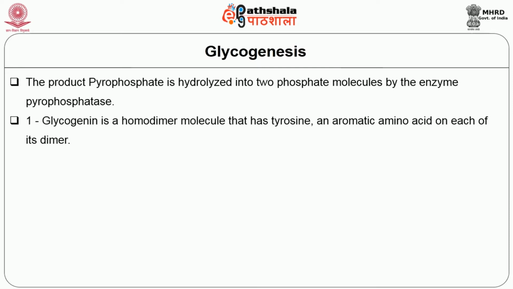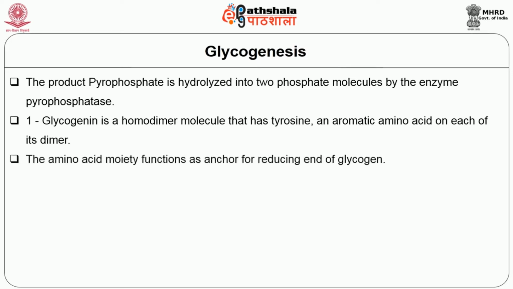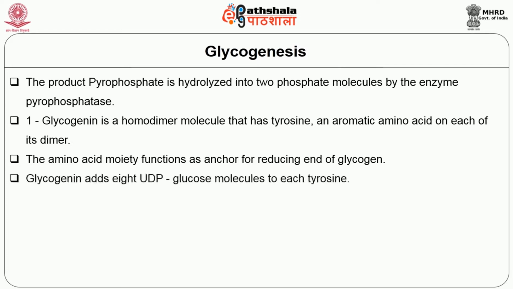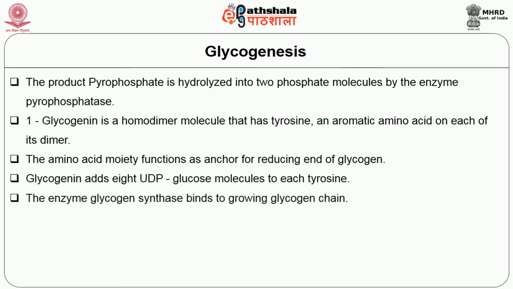Glycogenin is a homodimer molecule that has a tyrosine, an aromatic amino acid, on each of its dimers. The amino acid moiety functions as an anchor for the reducing end of glycogen. The glycogenin adds 8 UDP glucose molecules to each tyrosine. The enzyme glycogen synthase binds to the growing glycogen chain.